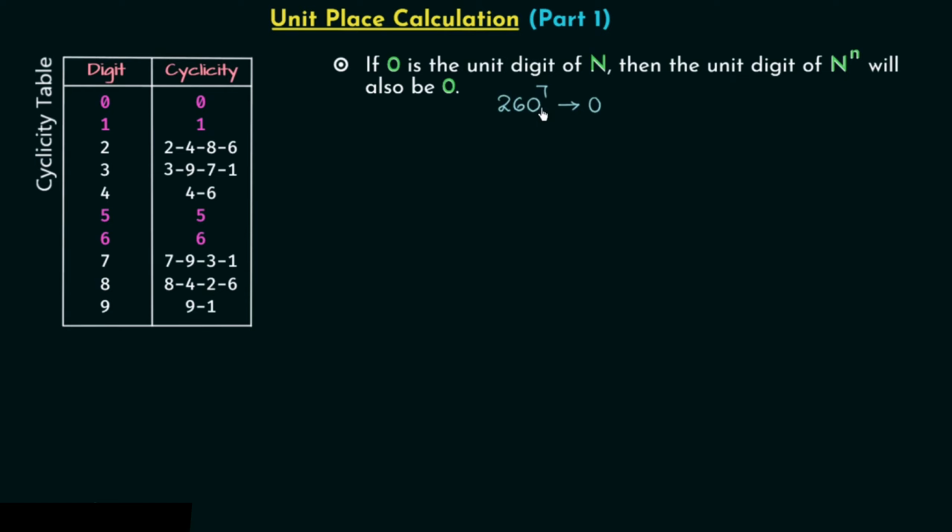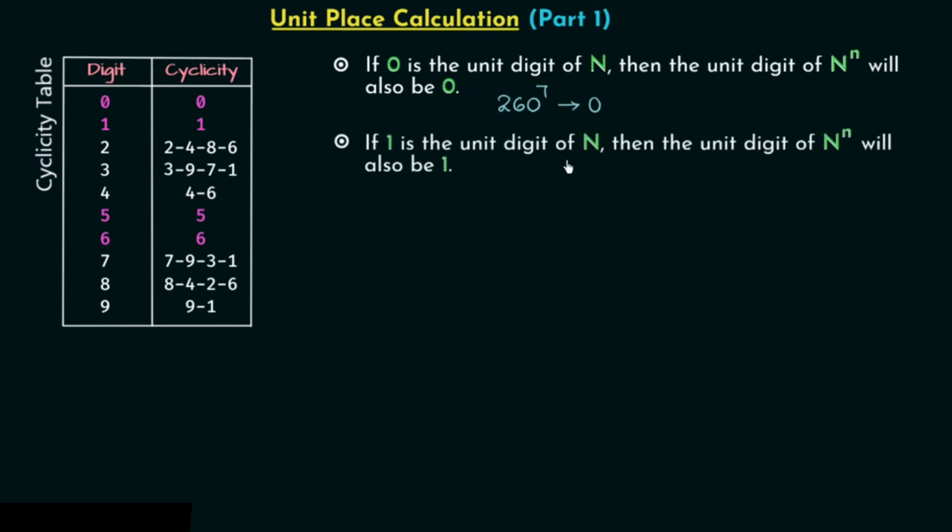Now let us move on to our next digit, which is 1. If 1 is the unit digit of number n, then the unit digit of n raised to power small n will also be 1. So the same rule will be there for digit 1. Let us take one example.